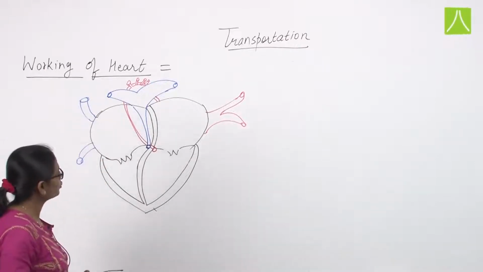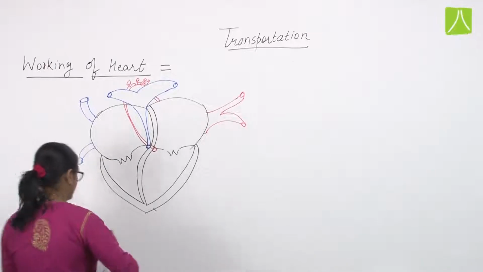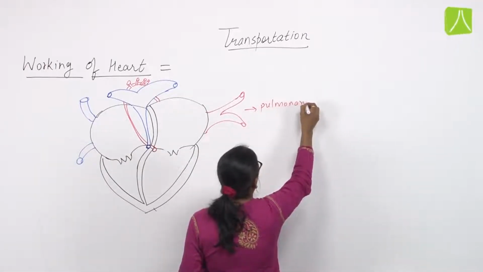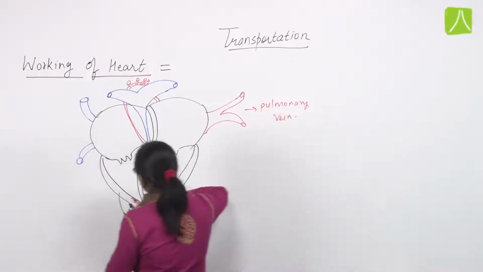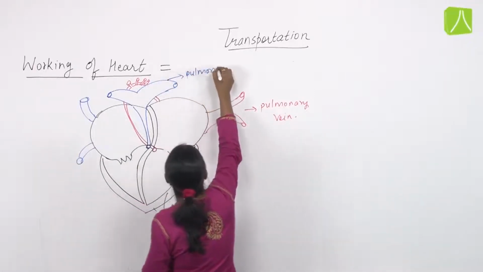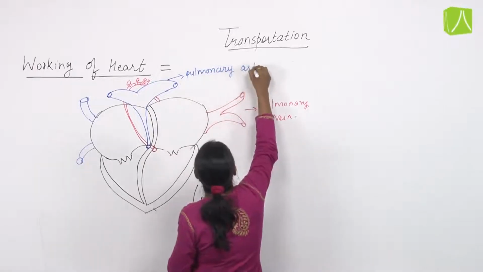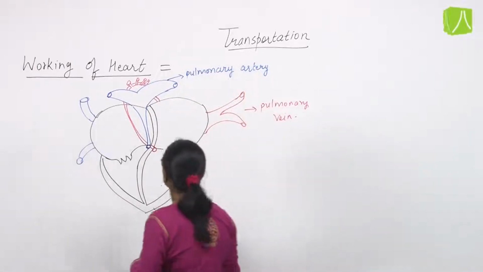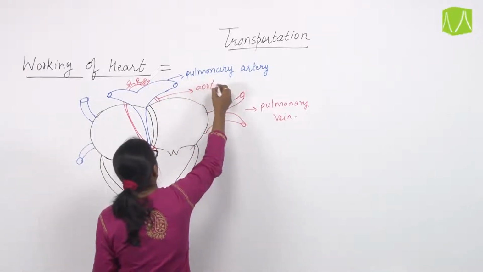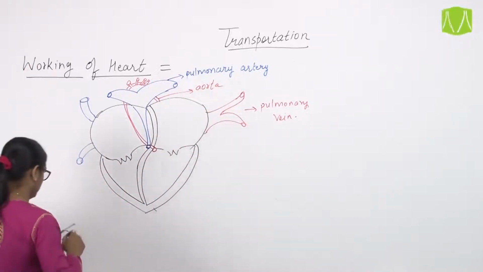Now this is the overall structure of the heart. This is, we all know, the pulmonary vein. This is the pulmonary artery. This is the aorta, the major blood vessel.